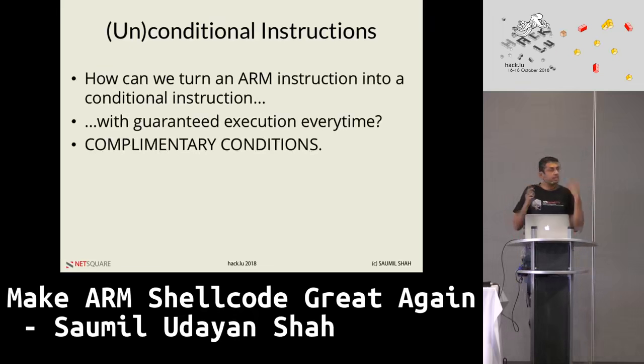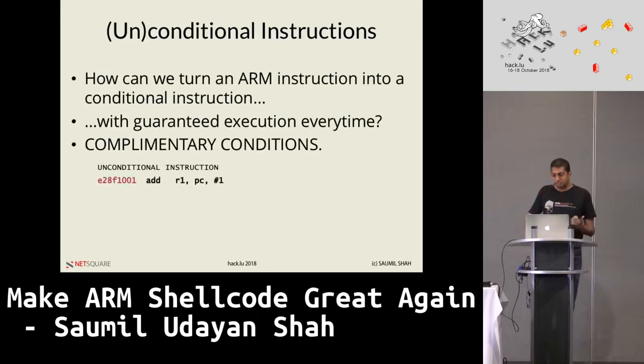So you turn a regular instruction into a set of 2 instructions, each with complementary conditions. So ADD now becomes ADD if equal, immediately followed by ADD if not equal. One of them is going to execute no matter what the conditions are, and you've therefore introduced the conditional flag, but still kept the execution intact.